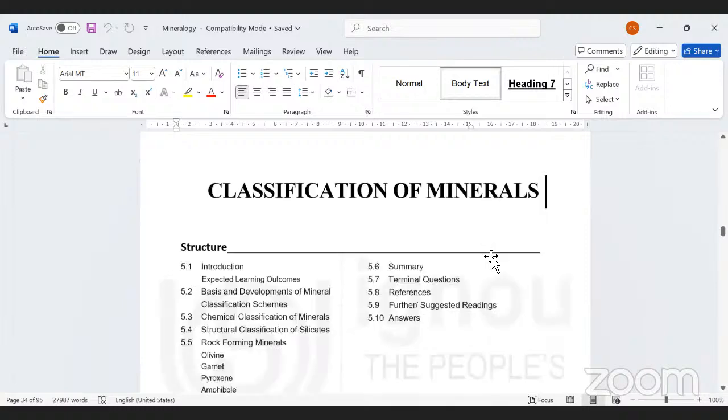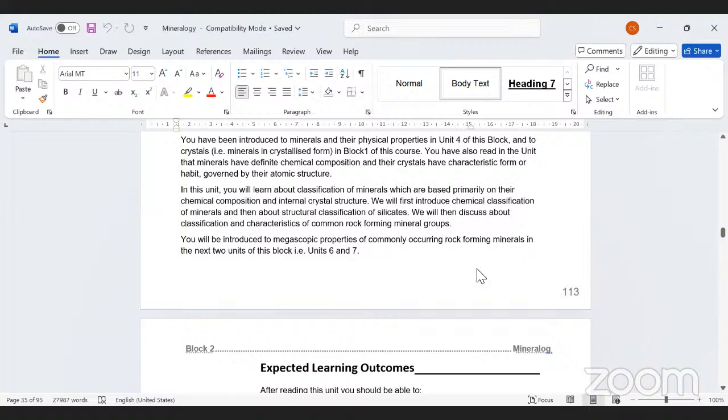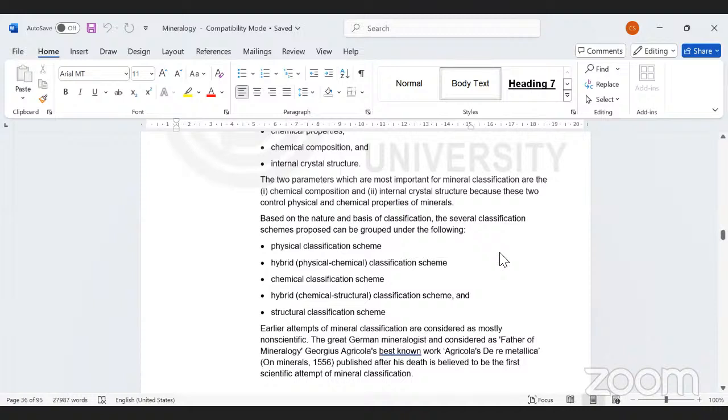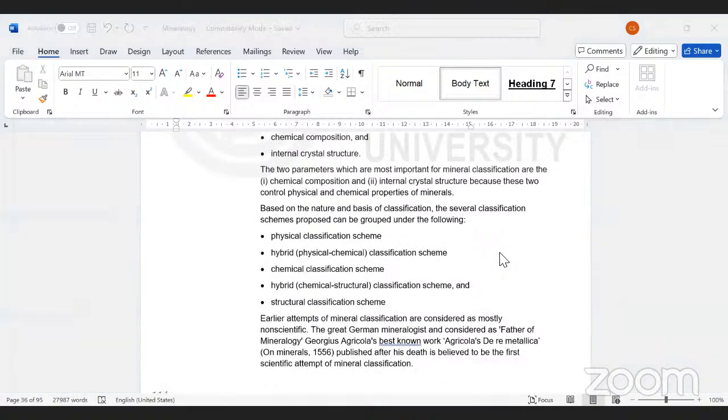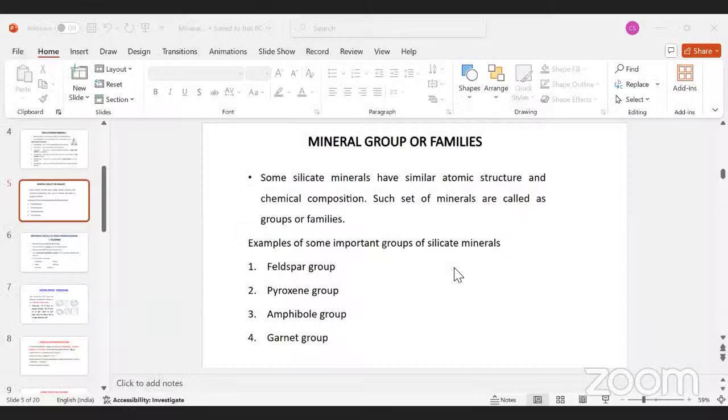Now we can see the classification of minerals. I'll show you. There are different types of minerals, mineral groups, like the feldspathic groups.